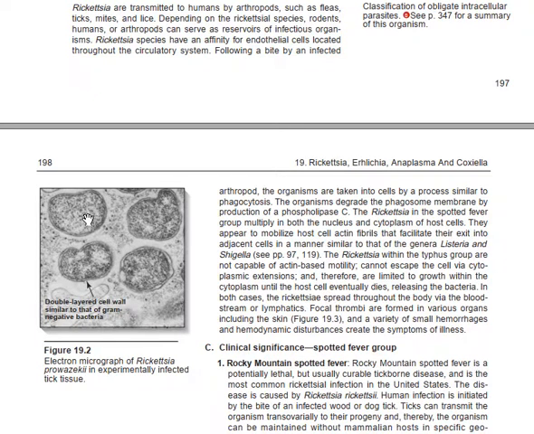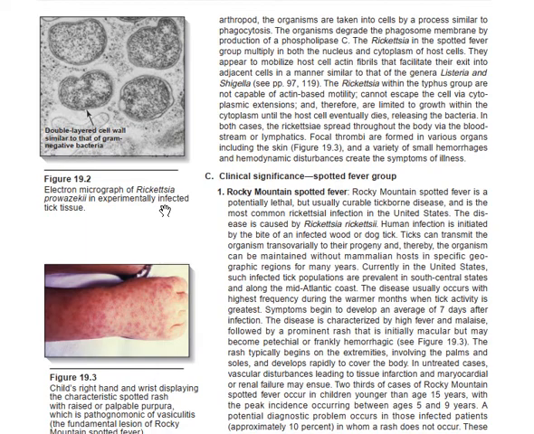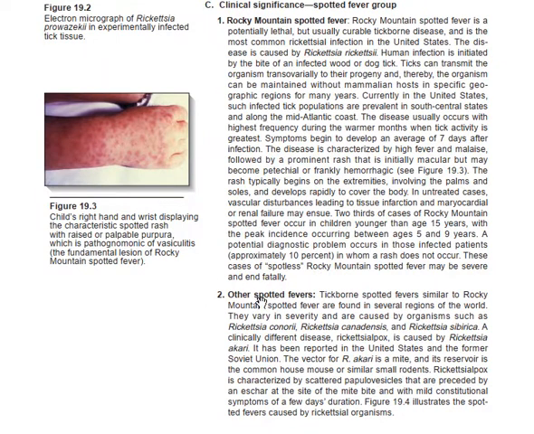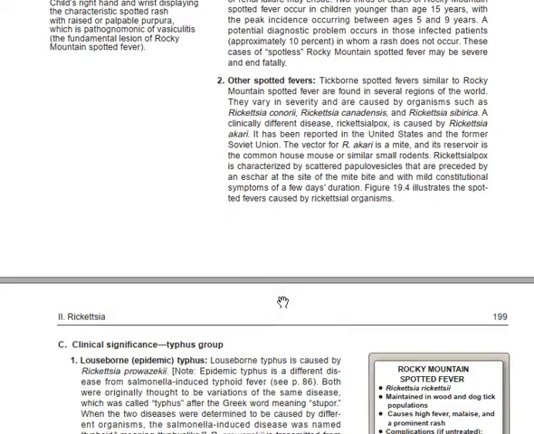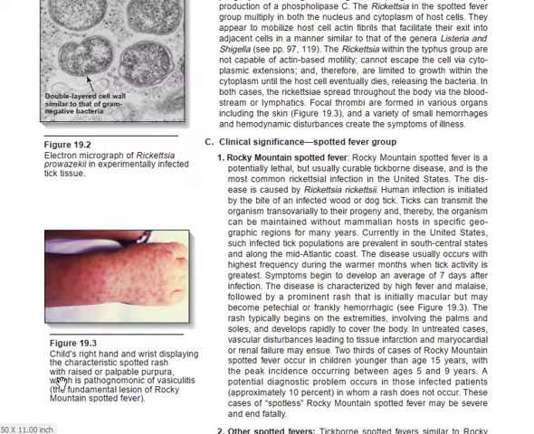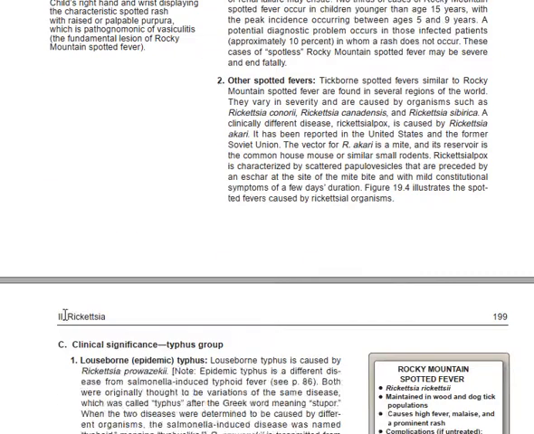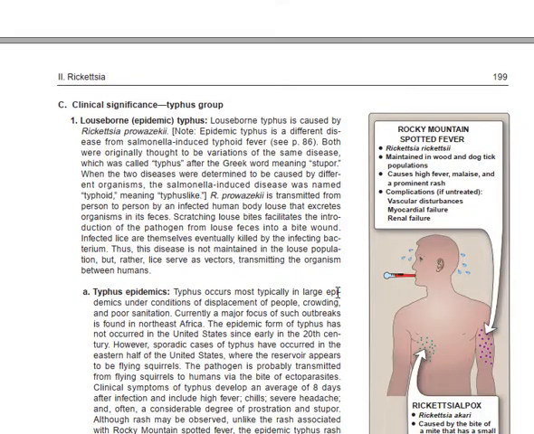We have different types of disease caused by Rickettsiae. One is Rocky Mountain spotted fever, and there are other spotted fevers. This is a child's right hand displaying the characteristic spotted rash. In Rocky Mountain spotted fever, vasculitis is the pathognomonic fundamental lesion.